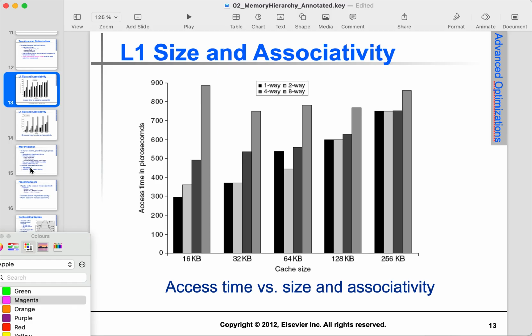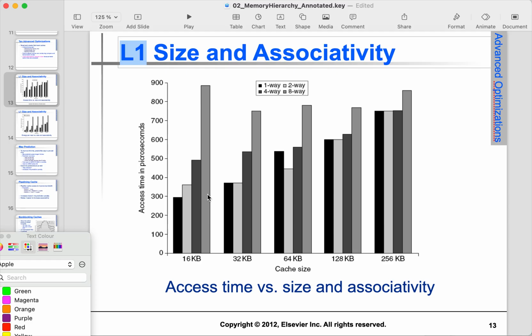Let's look at some properties. This is for the level 1 cache: size and associativity, and access time versus size and associativity. The dark curve one, the first is 1 way, the second one is 2 way, then we have 4 way and 8 way.